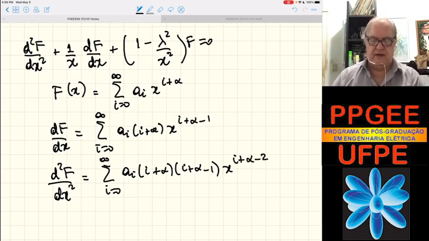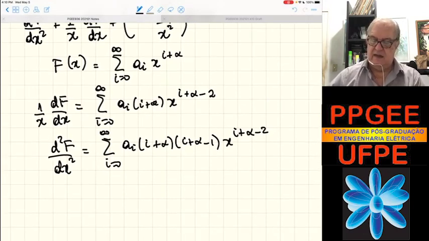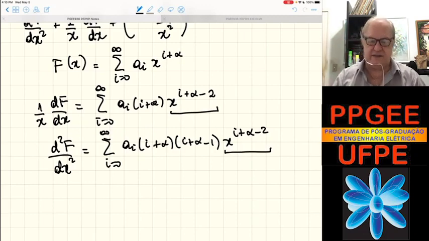So what do you do? Once you combine 1 over x times df/dx, we're going to have here i plus alpha minus 2. Same power dependence, so the indexes are matched.